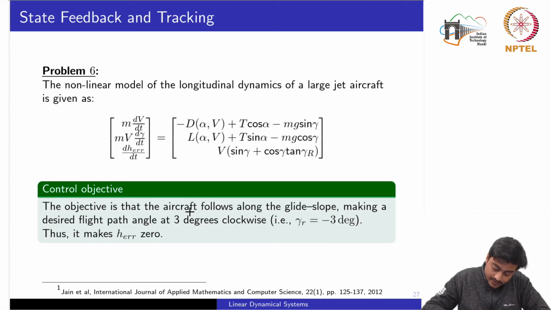The objective is that the aircraft follows the glide slope, making a desired flight path angle of 3 degrees in the clockwise direction. Since we take anti-clockwise as positive, for clockwise we would have minus 3 degrees. Thus, it would make h error equal to 0.